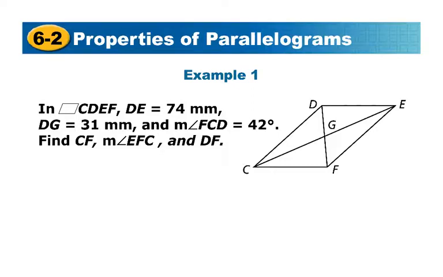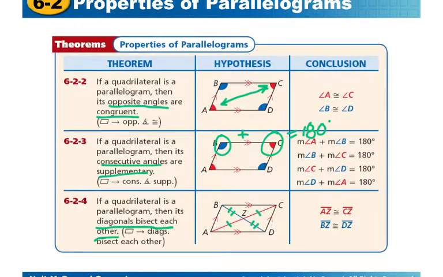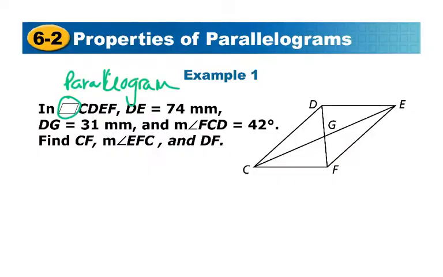Alright, so in number 1, they're telling you it's a parallelogram. We've got C, D, E, F. Because we know it's a parallelogram, it can have all of these properties, so we can use them. One piece that's given is that DE is 74.